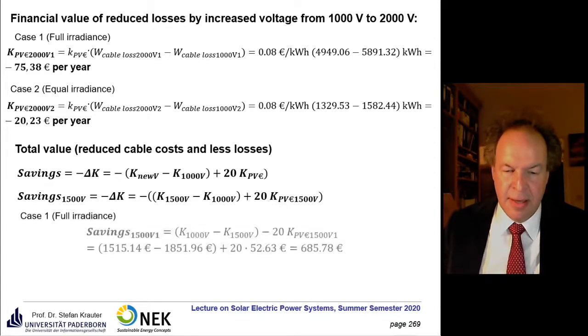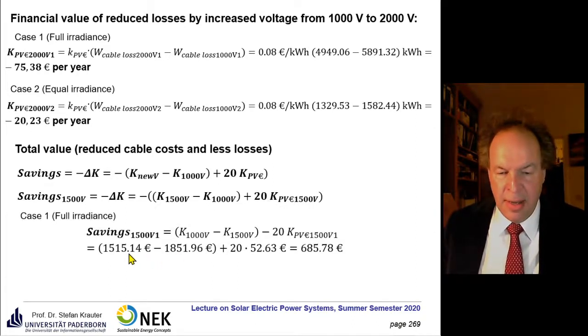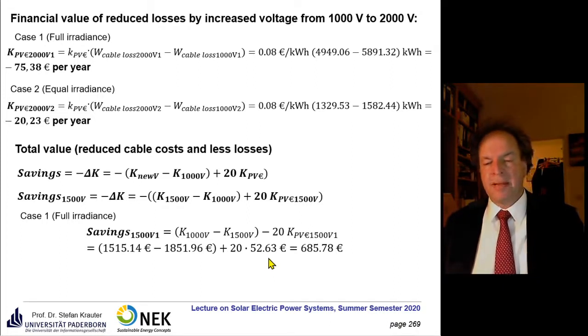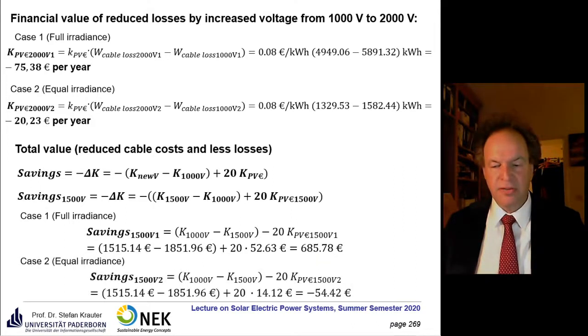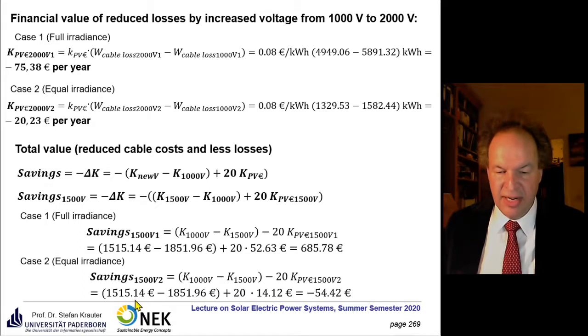Let's see. So we have here 1515 minus 1851.96 plus the negative value, plus the positive savings we have here, the savings of 685 euros. For the equal irradiance, we have a negative difference here.